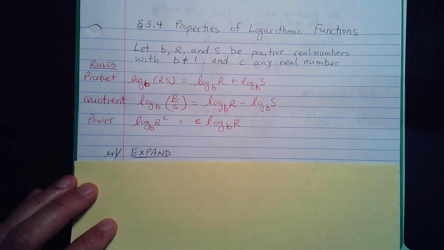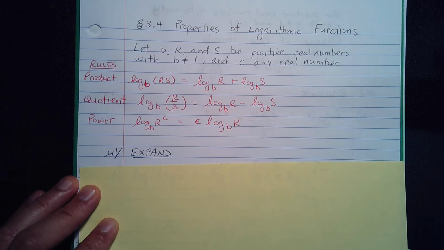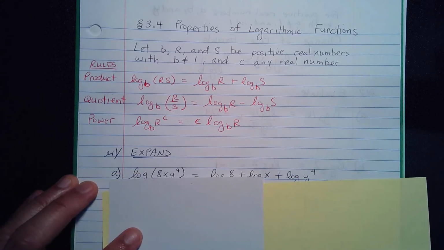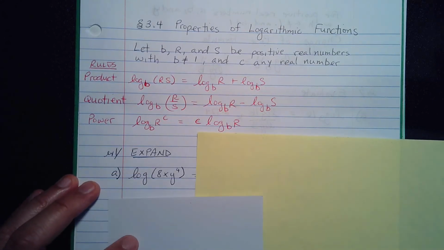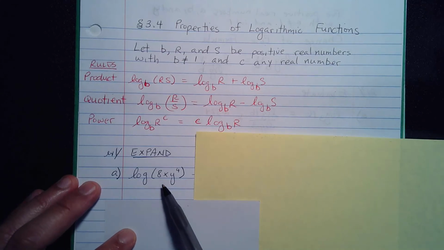Alright, so example 1, expand. We're going to look at part A, log. This is base 10. If you don't see a number there, it's base 10. Log base 10 of 8 times x y to the fourth.